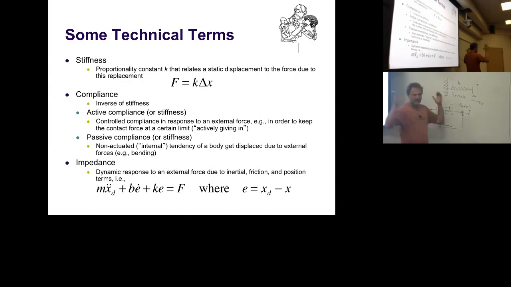The robot may be, I don't know, 1,000 kilograms heavy, but I could just say I want it to behave like m x double dot plus b x dot plus k x, and I say m equals 1 kilogram, and b equals 1, for instance, and k equals 1, 2. I just like 1.